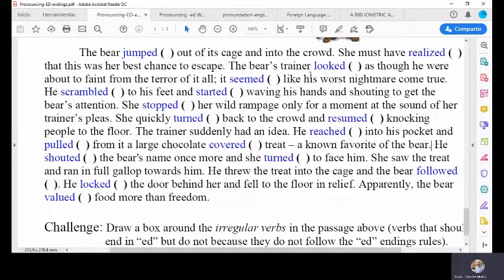So in this exercise, we have some regular verbs which have a voiceless t, a voiced d, and extra syllable id.